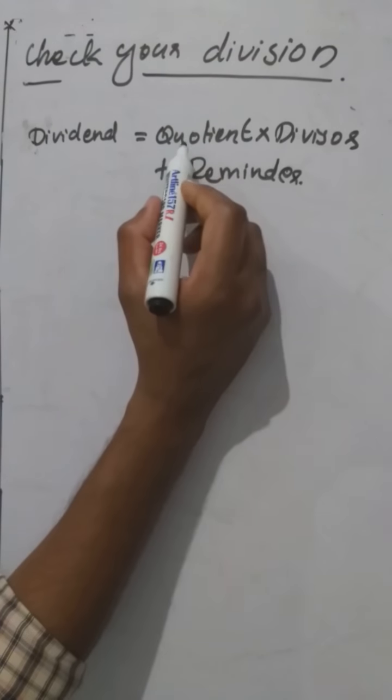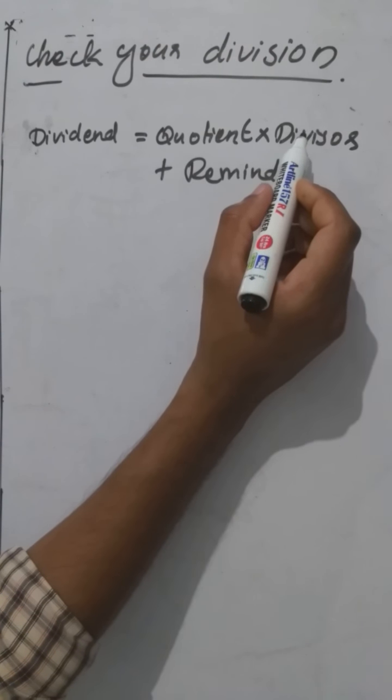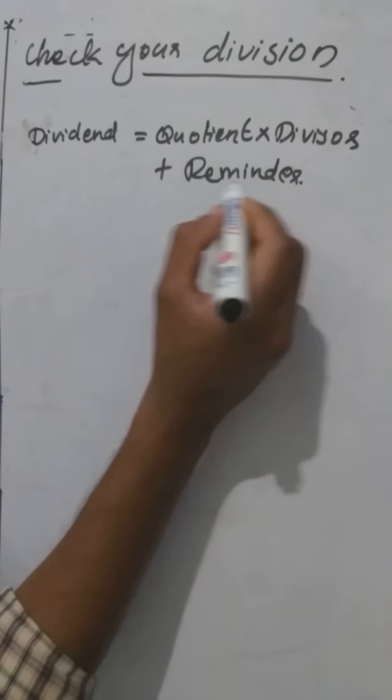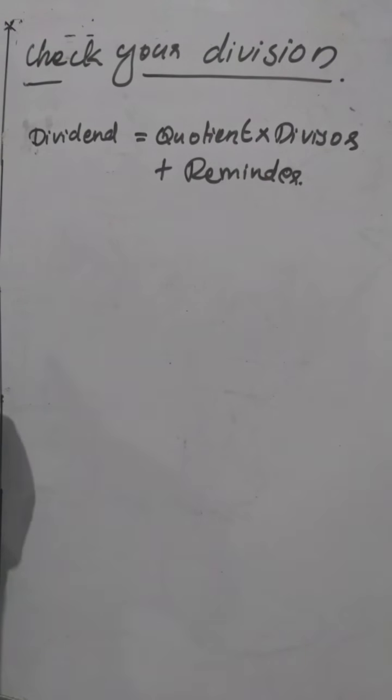So when we multiply quotient by divisor and add the remainder to the product, we have to get the dividend. Then we can say that our division process is correct.